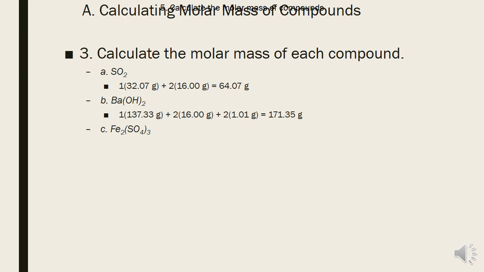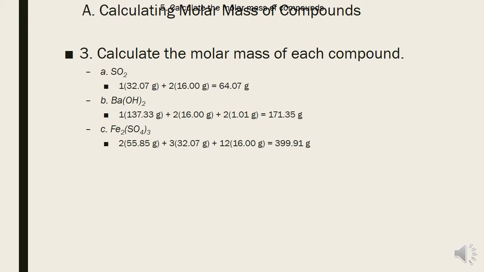Next example. This is iron(III) sulfate. So again, ask yourself how many moles of each element are in the compound. From the formula, I can see there's 2 moles of iron. And again, remember with the parentheses, the subscript 3 applies to everything inside the parentheses. So there are 3 moles of sulfur, and there are 12 moles of oxygen, because 3 times 4 would be 12.